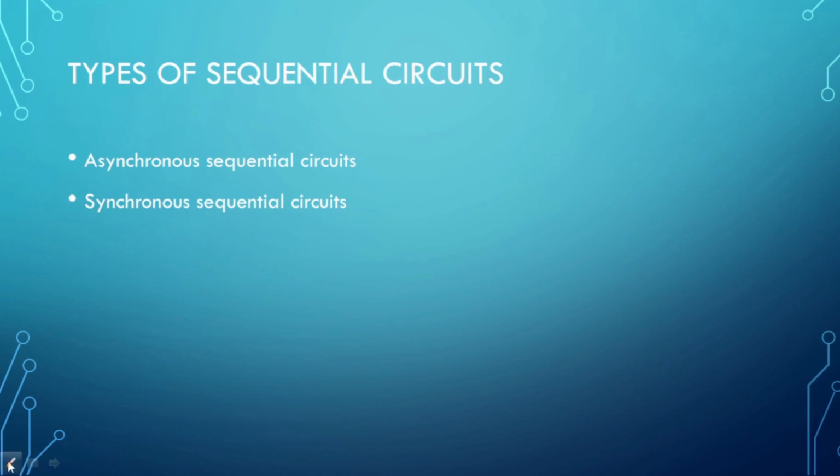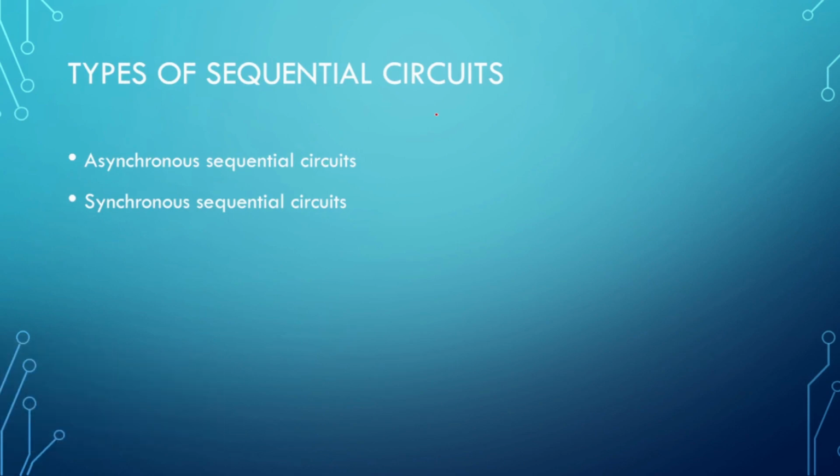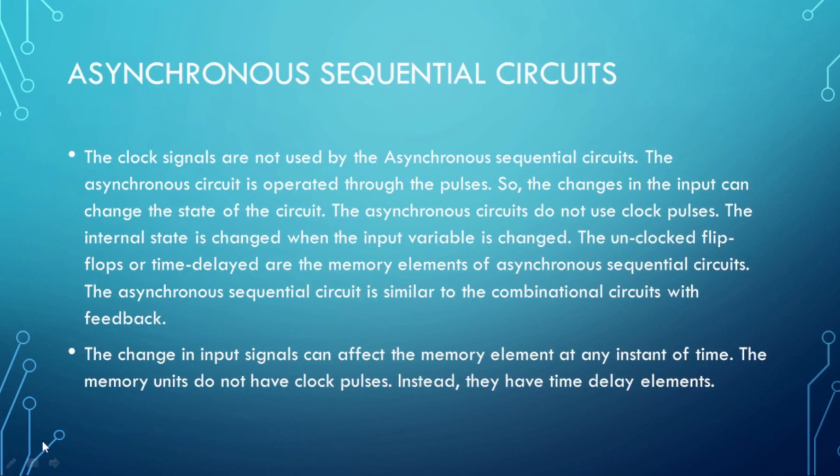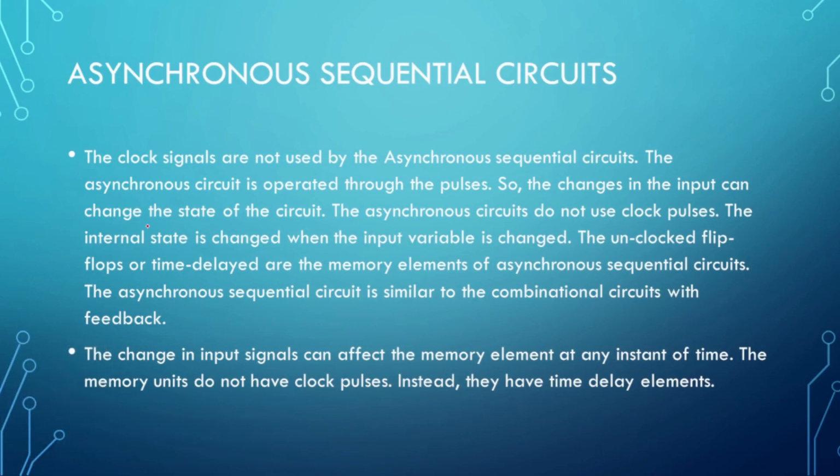Usually, sequential circuits are classified into two types: the asynchronous sequential circuit and the synchronous sequential circuit. First is the asynchronous sequential circuit, where changes in input can affect the memory element at any instant of time.